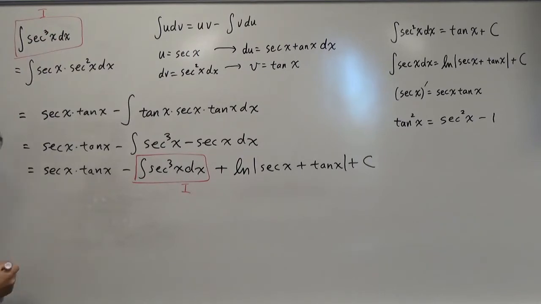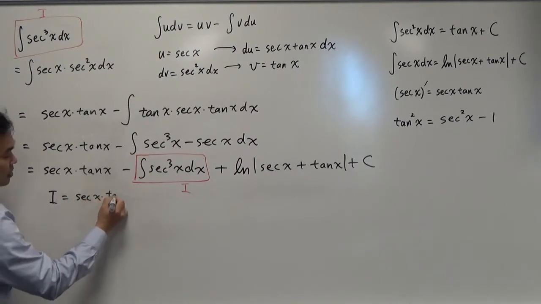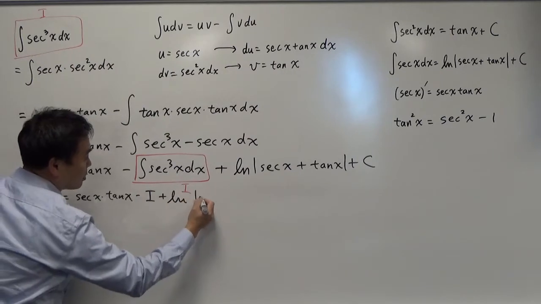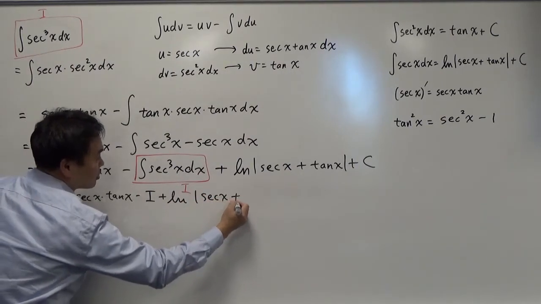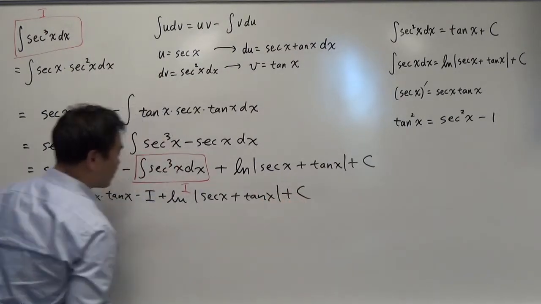Then the equation looks like I is equal to secant x times tangent x minus I plus ln of secant of x plus tangent of x plus c.